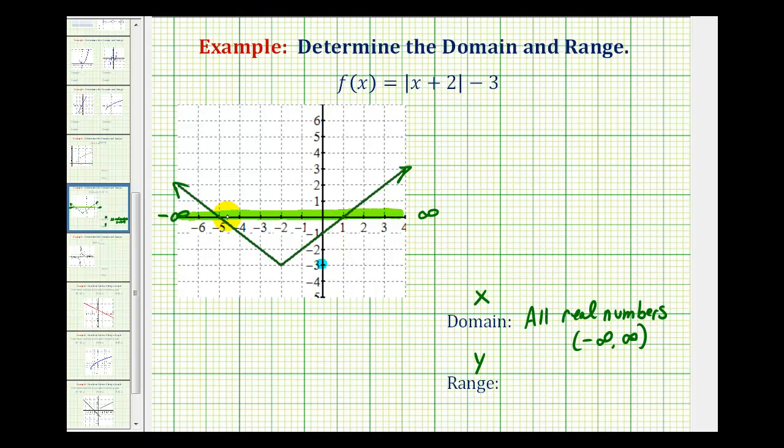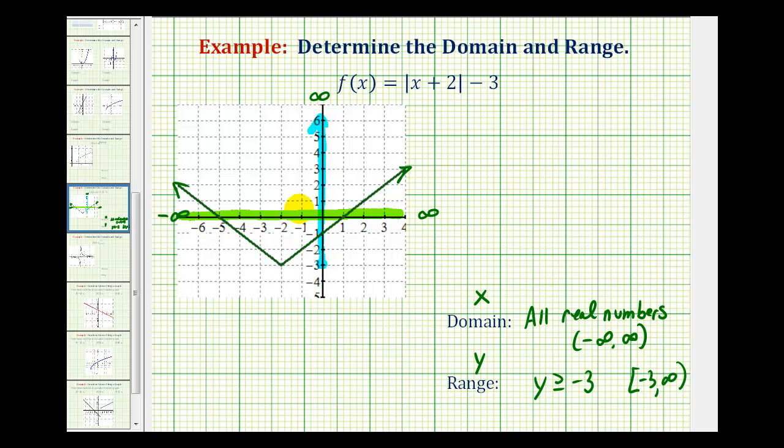So if we projected this graph onto the y-axis, it would actually approach positive infinity along the y-axis, which means the range would be from -3 to positive infinity, and it does include -3, so we can say the range is greater than or equal to -3, or using interval notation, it would be the interval from -3 to infinity, and it's closed on -3 because it does include -3.